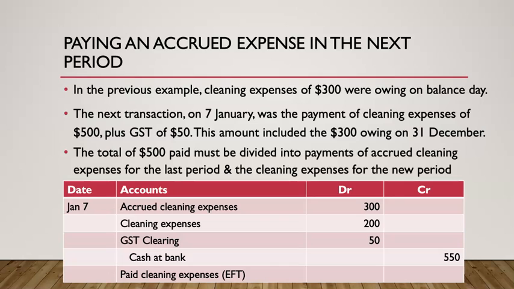We have no more liabilities that we owe to this cleaning company. So the cash that we pay, $550, credit, asset going down, is split up by reducing our liability, accrued cleaning expenses, an increase in new cleaning expenses, $200, reported in this income statement, and because we have paid GST, this reduces how much we owe to the government.